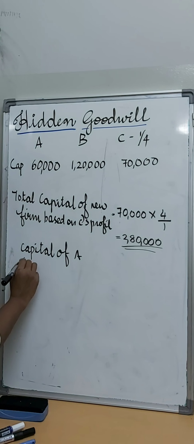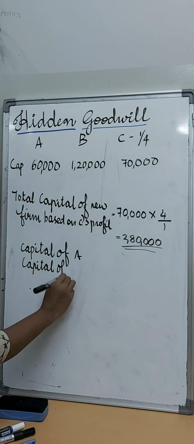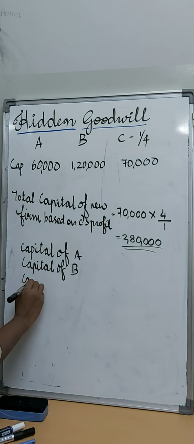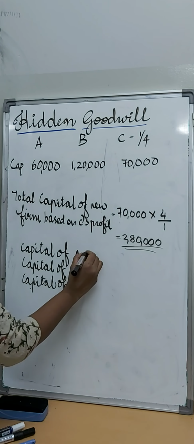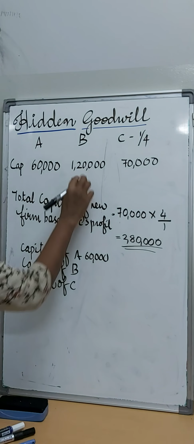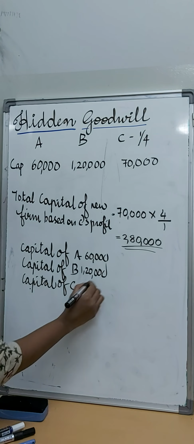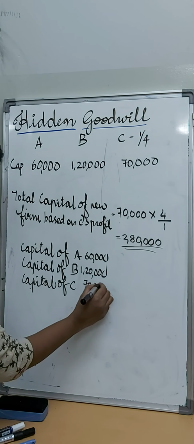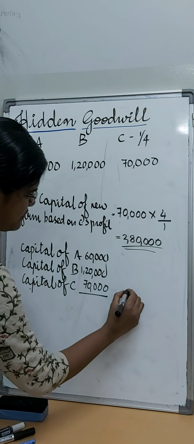Capital of A is 60,000, capital of B is 1,20,000 and capital of C is 70,000. That is 2,50,000.